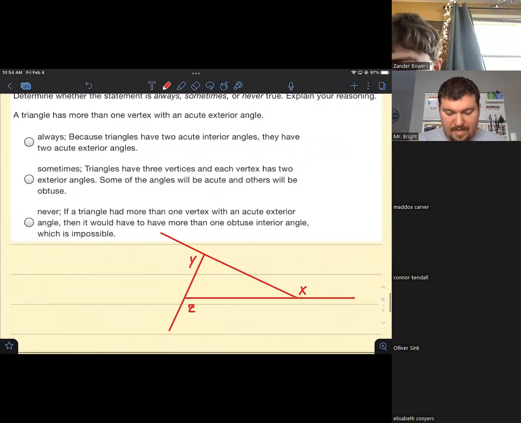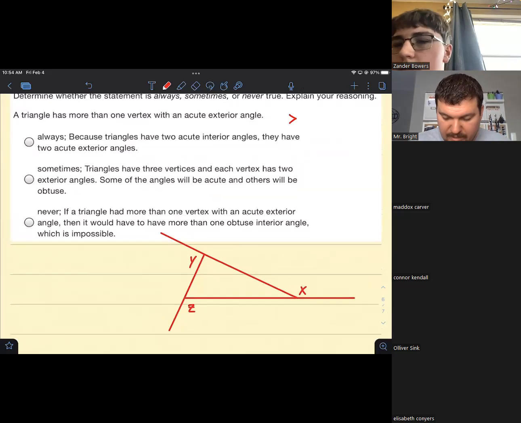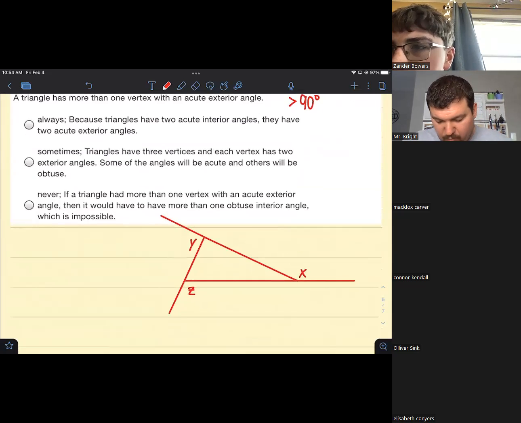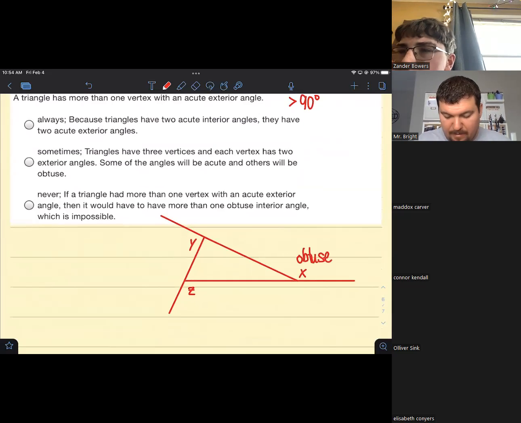So it says a triangle has more than one vertex with an acute exterior angle. Now, acute means less than 90 degrees. Does it look like we have more than one exterior angle that's less than 90? The way that I drew it, this one's obviously obtuse. What do you say about angle Y?